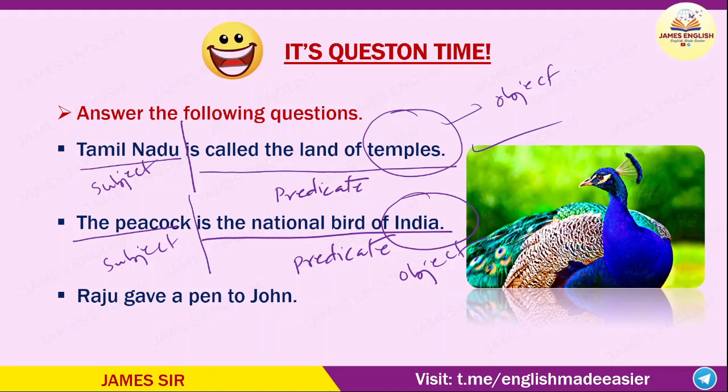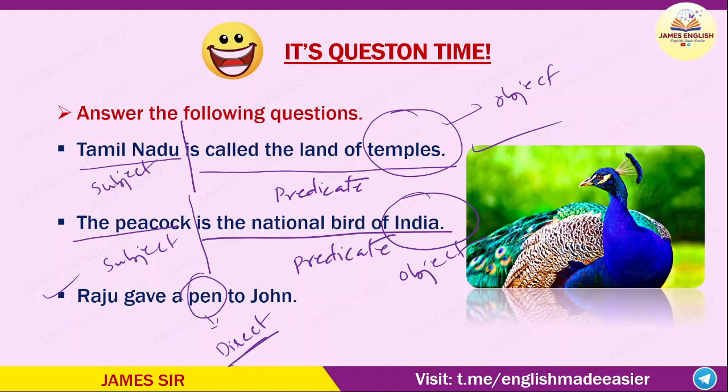Okay. Third example. Raju gave a pen to John. What is the direct object in this particular example? I repeat. What is the direct object in this example? Please tell me. Very good. A pen. A pen is a direct object because a direct object answers the question what? What is the other name for direct object? Who can answer?